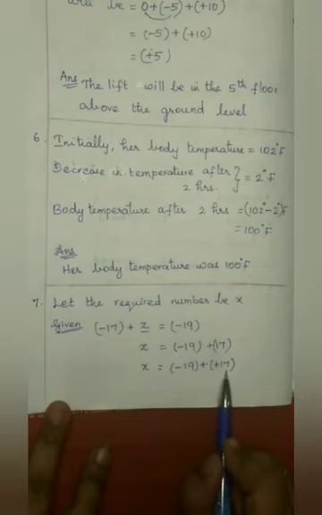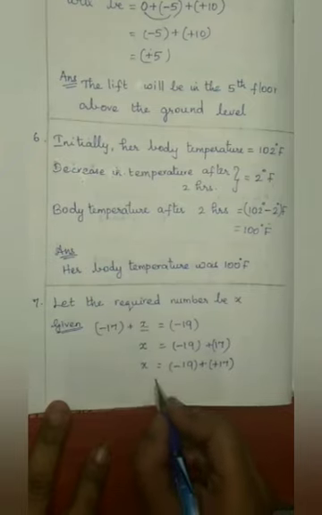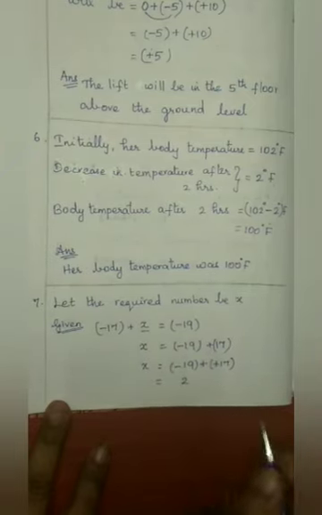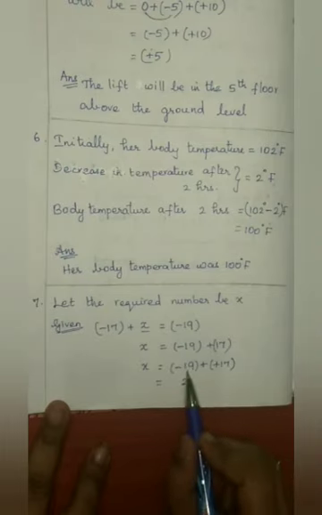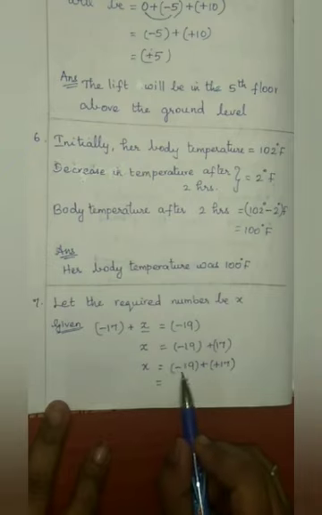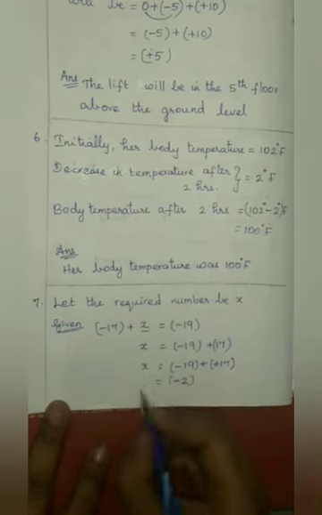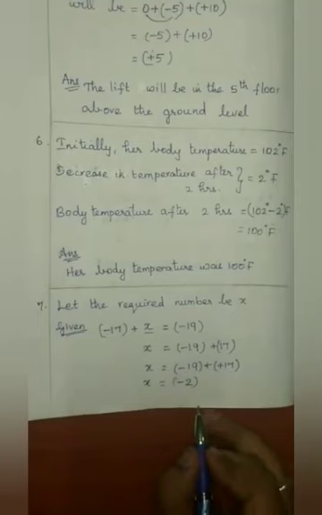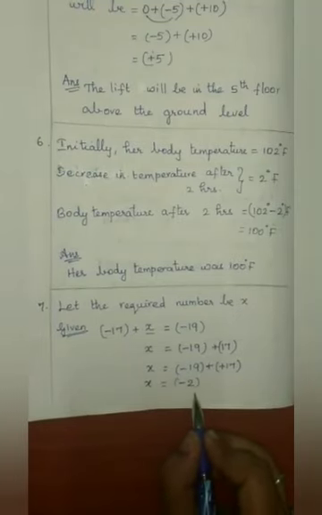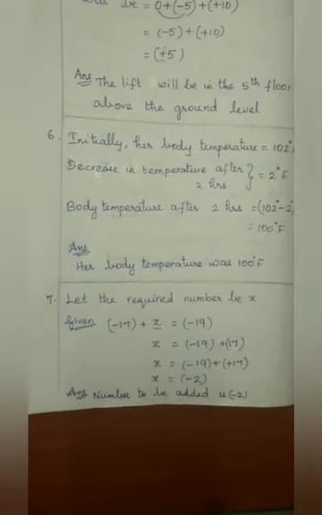When you subtract 17 from 19, we get 2. And what sign do you have in front of the bigger number? Which is bigger here, 17 or 19? 19 is bigger. And what sign do you have in front of 19? Minus. So put minus in front of 2. So the value of x is minus 2. That means the number which we have to find is minus 2. Answer: the number to be added is minus 2.